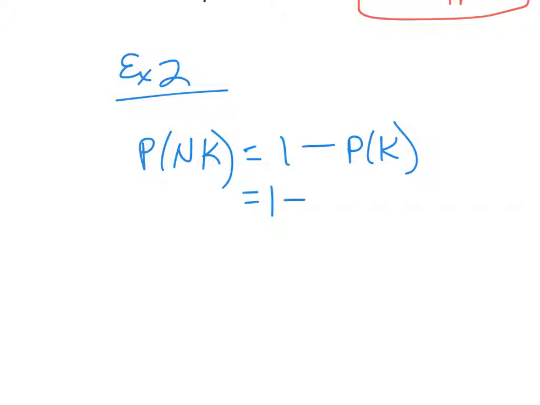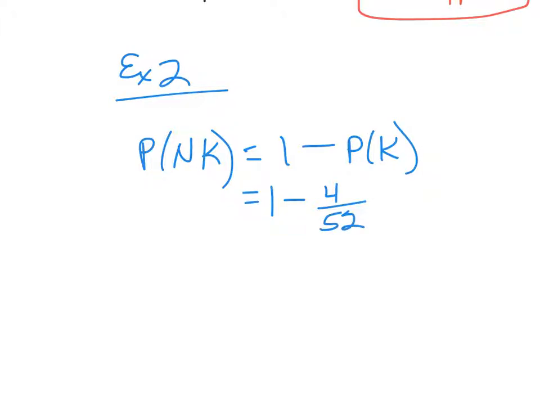How many kings are there? 4. 4 out of how many cards? 52. 52, good.